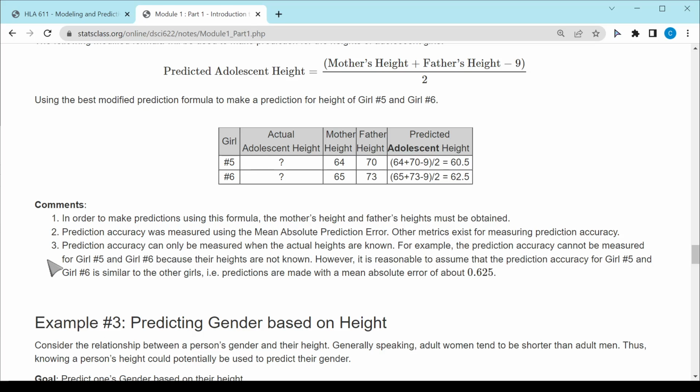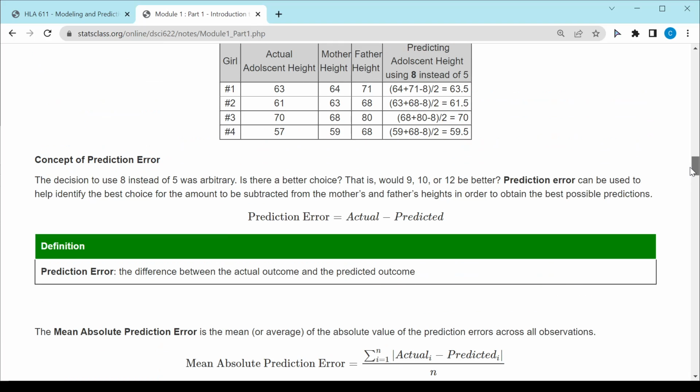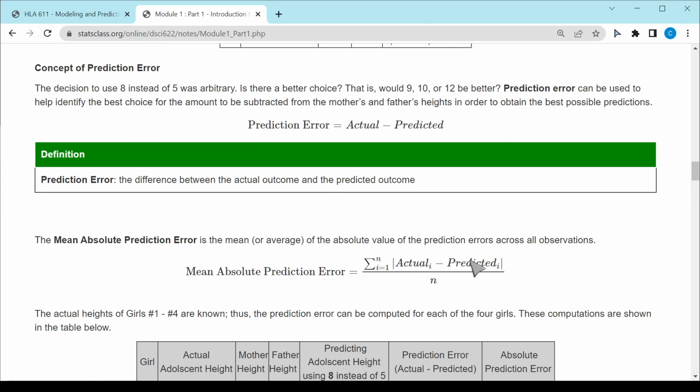I can compute the prediction accuracy when I have the actual heights. I'm not going to be able to calculate the prediction accuracy if I don't know their actual heights. The formula for the mean absolute prediction error requires us to know the actual and predicted values.